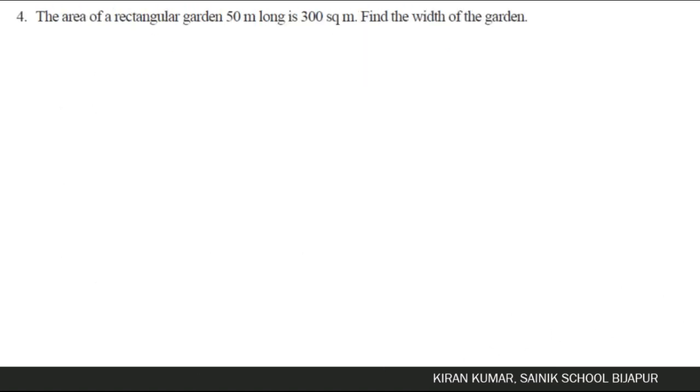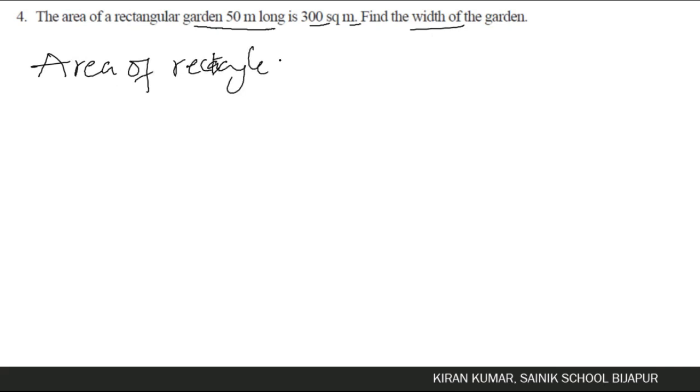Question 4. The area of a rectangular garden 50 meter long is 300 square meter. We need to find the width of the garden. You must know that the area of a rectangle is length multiplied by breadth.